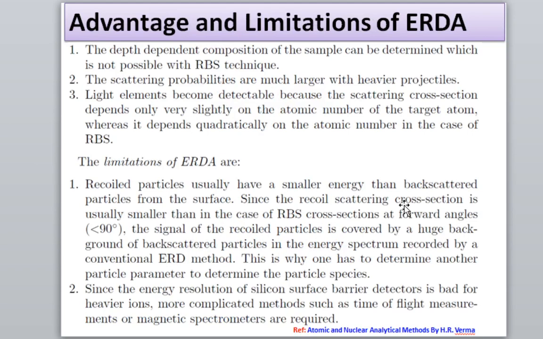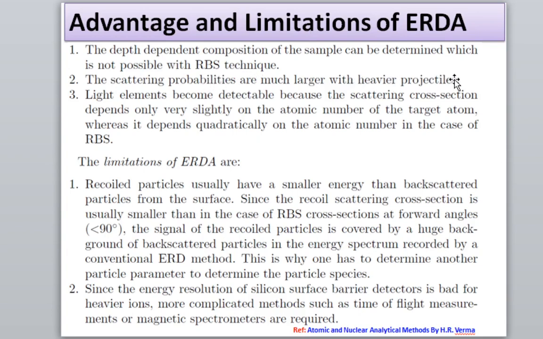So these are a few advantages and limitations of ERDA. What is the advantage? The depth dependent composition of the samples can be determined, which is not possible by the RBS technique. With RBS we can do depth profiling, but here we can get depth dependent composition by doing ERDA. The scattering possibilities are much larger with the heavier projectile.